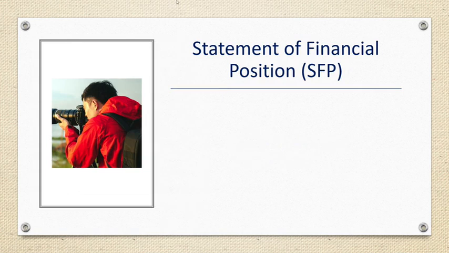Now you can ask me why that picture there of somebody taking a picture. That is because statement of financial position is as if you are taking a photo of the business on a certain day, obviously the last day of the financial year. You take a photo and you show what is the position on that specific day. And that is also the purpose.